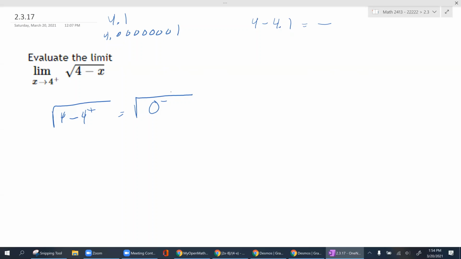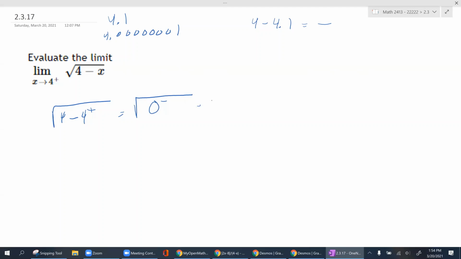What do we know about square roots? In order for you to take the square root, the number must be 0 itself or greater. You cannot take the square roots of negative numbers because that's going to be complex numbers, and we're only dealing with real numbers. This is negative.